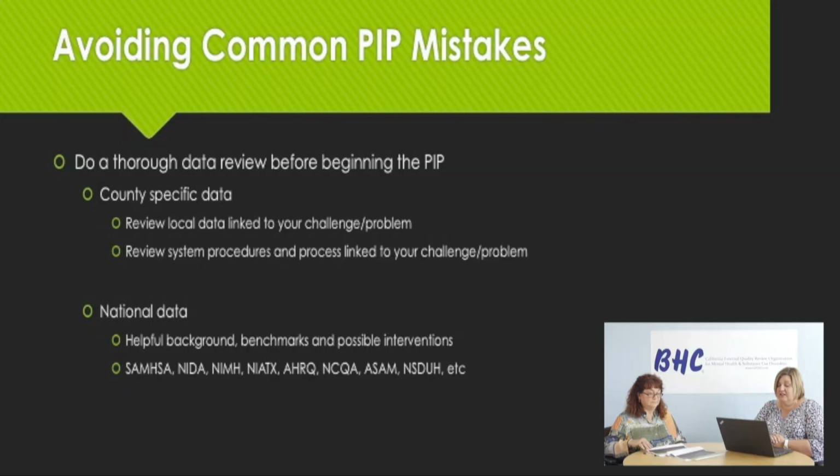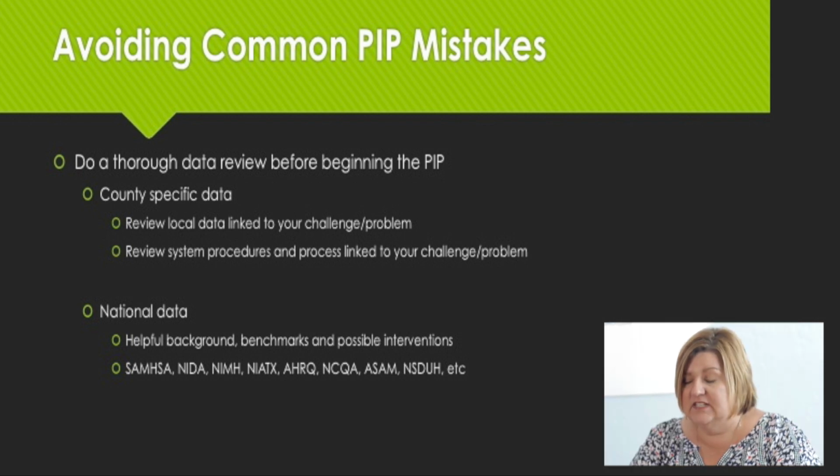And in addition to the local data, there is a lot of national data that is available as background, possible interventions, also as benchmarks, so that you can determine maybe there's a national average that you'd like to achieve for a particular problem. And some of those sources of data are listed on the slide that you see now.